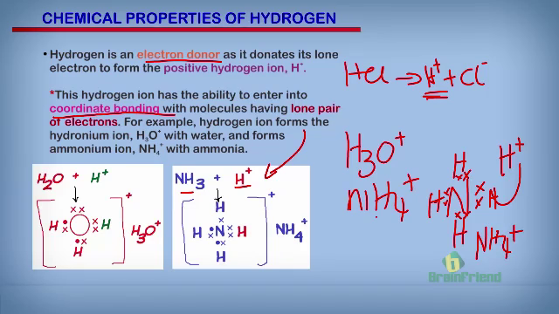So that is what we have here. The hydrogen ion can also bond with a water molecule, as we can see here. The water molecule has two lone pairs of electrons. So the hydrogen ion can easily bond on one of the pairs to form what we call hydronium ion.